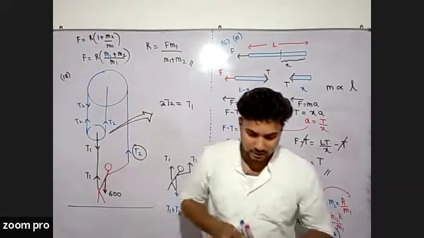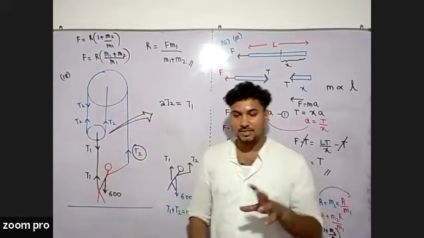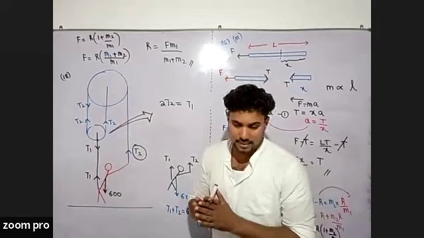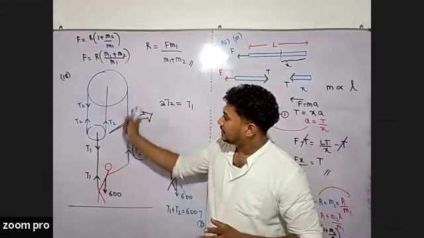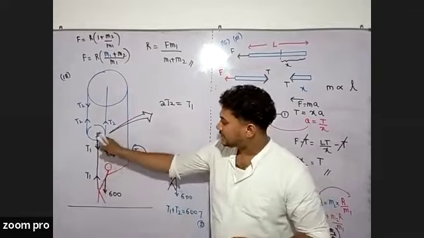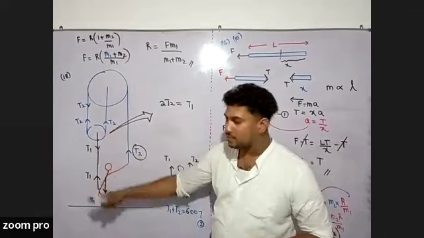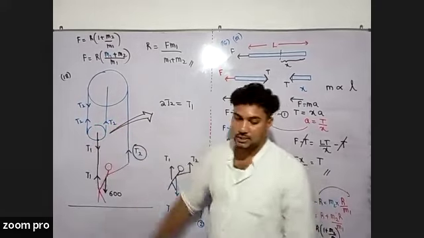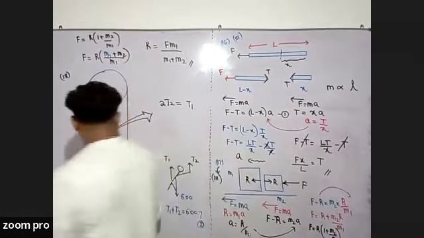Normally in MCQs we consider that the pulleys and the strings don't have mass. That's why I'm considering the tension throughout a string to be a constant value, but this is a different string, so I'm considering two values for these two strings.